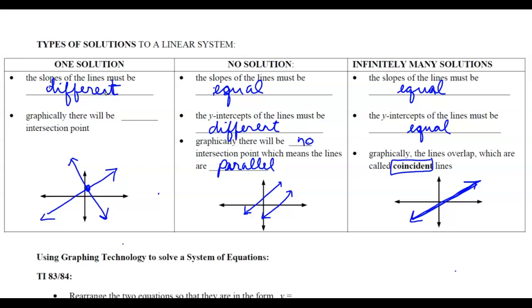And graphically, there will be one point of intersection. So remember, we would then write out that point as x1, y1 in our set brackets. Here, we would have the null set, no solutions. And here we would have the equation of the line. I'll just put mx plus b in terms of the actual intersection.